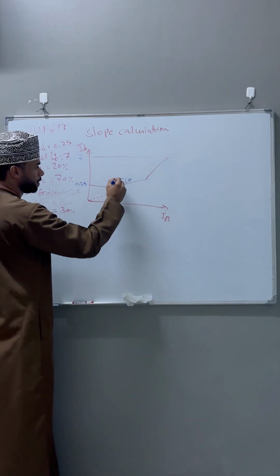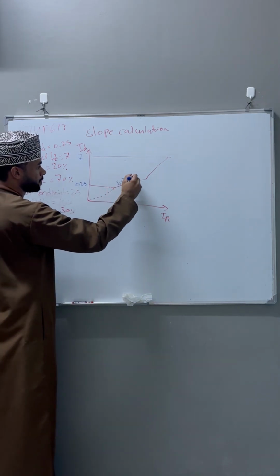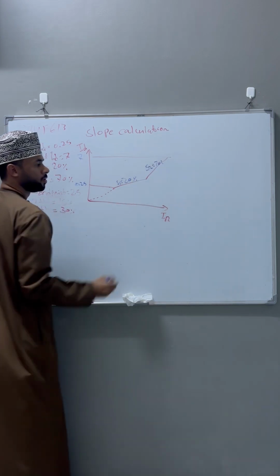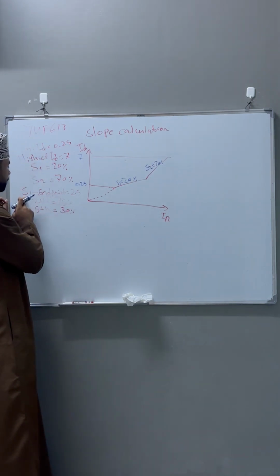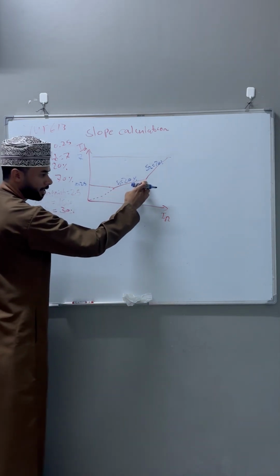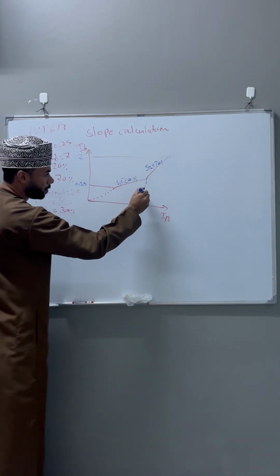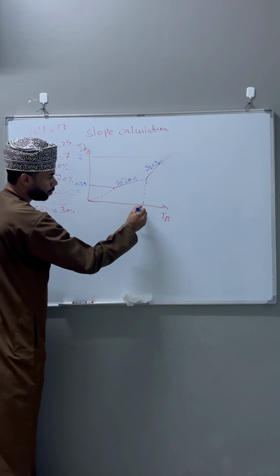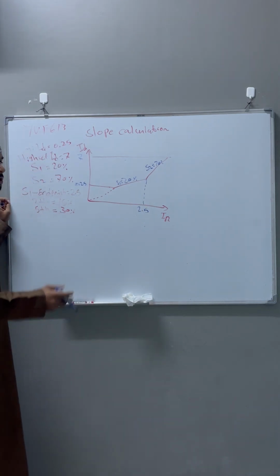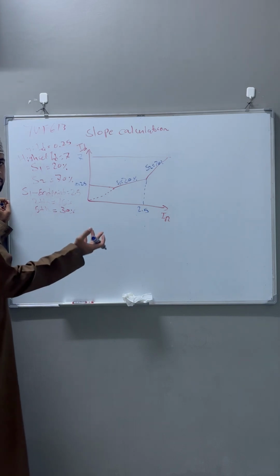This slope 1 equals 20%, and slope 2 is 70%. Okay, also they gave me the slope 1 end point. This is slope 1 and this is the end point, this one. So they gave me here 2.5.